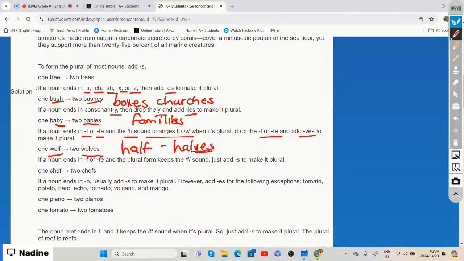But if the noun ends with an F or FE and the plural form keeps the F sound, then all we do is add an S to make it plural. For example, one shift, two shifts, or three shifts.